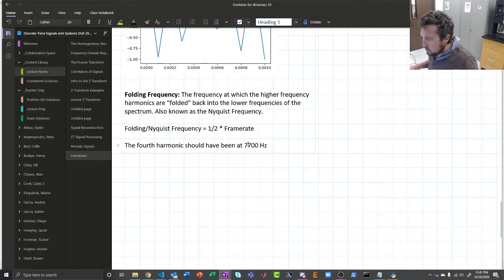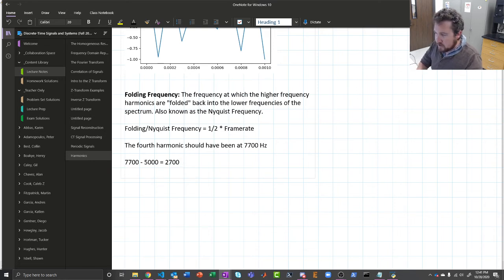So let's go back to here where it should have been at 770 hertz. Instead, let's see what the difference is. 770 minus 5,000 equals 2,700, and 5,000.